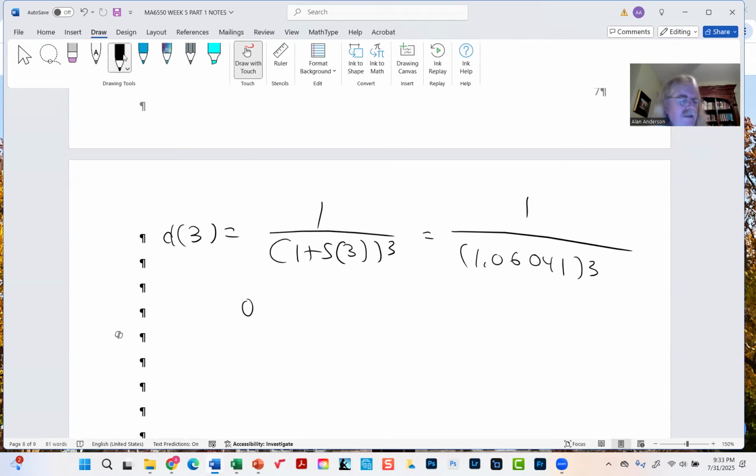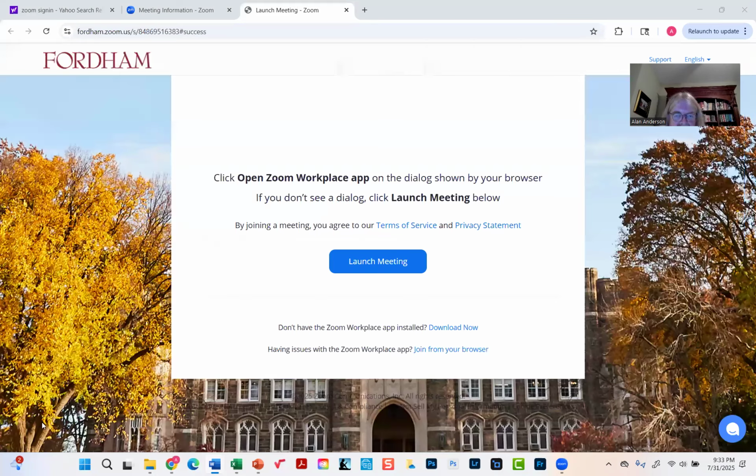All right, 0.8386. Okay, so you get the idea. That means that having a dollar in 3 years is the same as having 83.86 cents today.